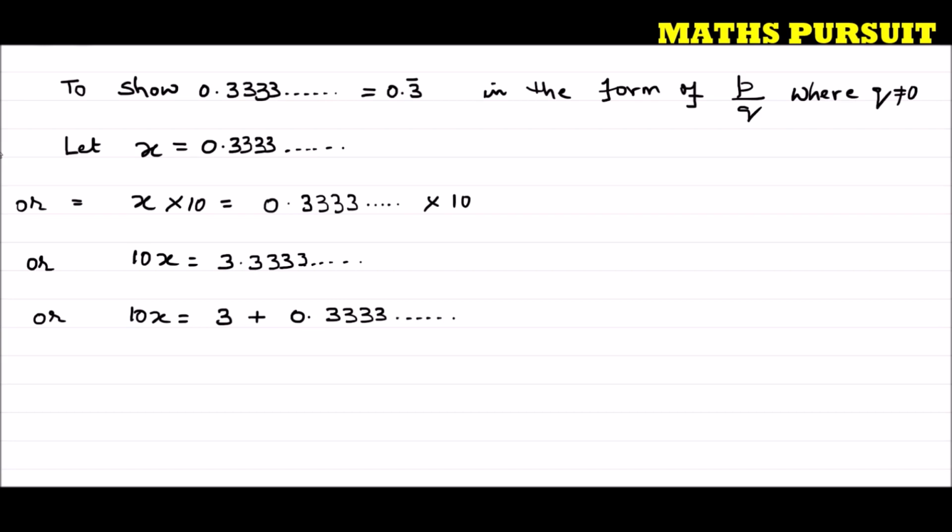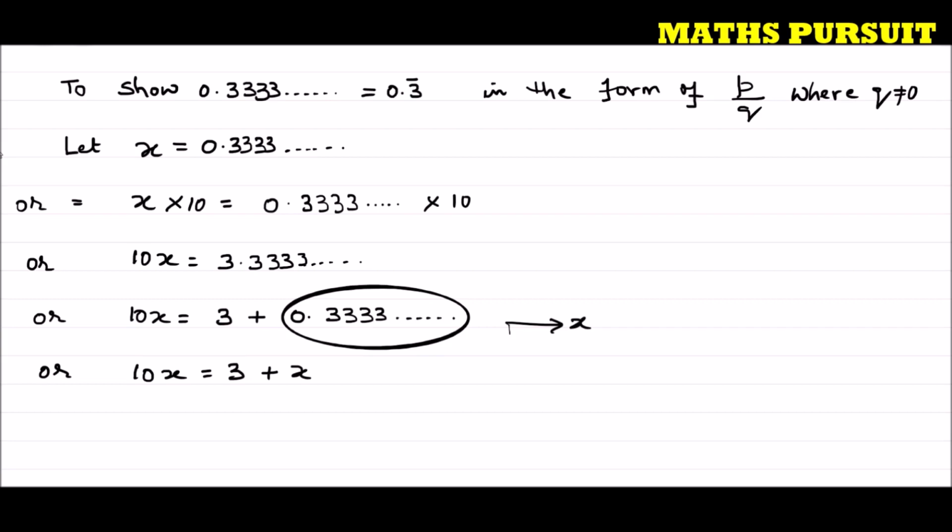Or I can write 10x is equal to 3 plus x, because for this part we considered x is equal to 0.3333 in our above step, which is a repeating one. So for that reason I am just replacing 0.3333 with x.